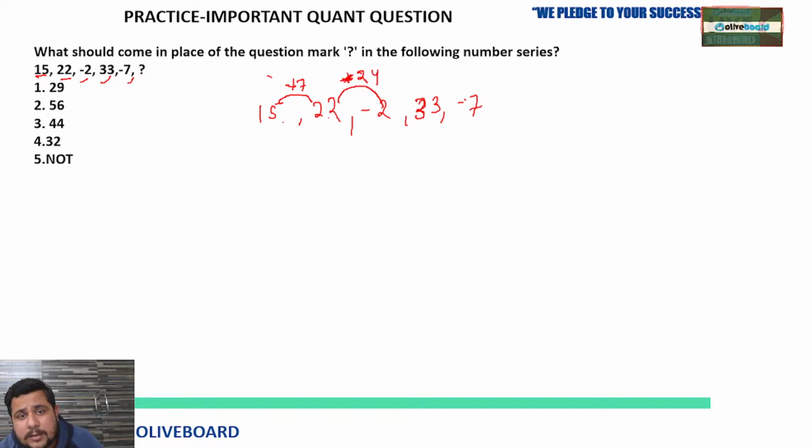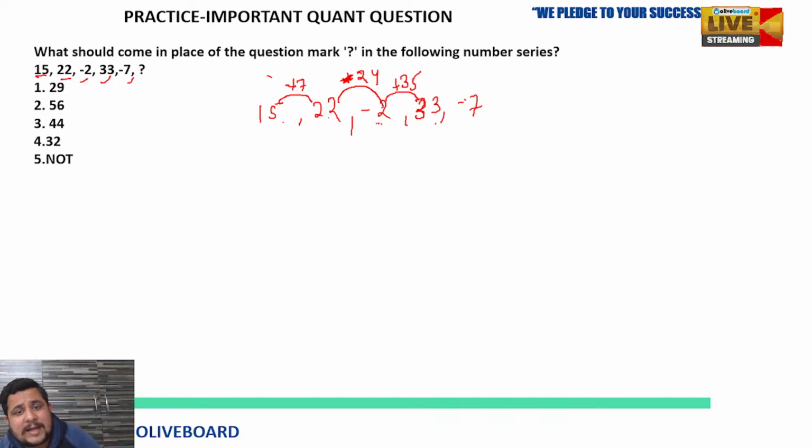Now minus 2 to 33, the difference is plus 35.